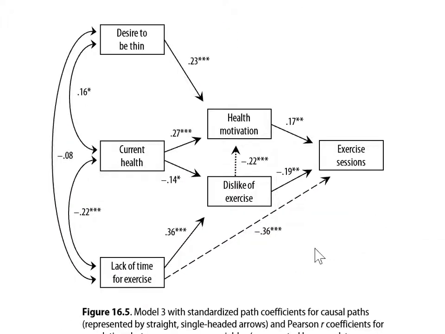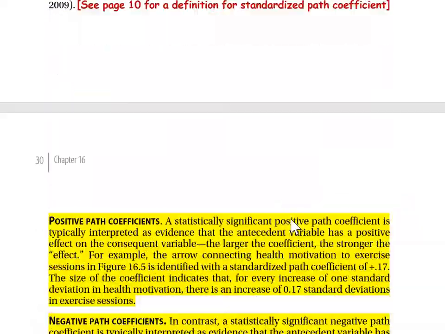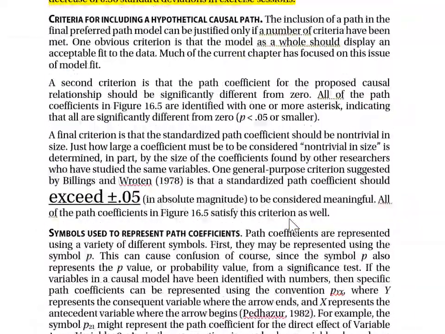The interpretation is essentially the same, but it's in the opposite direction. Standardized path coefficient negative 0.36. That means for every standard deviation that lack of time for exercise goes up, number of exercise sessions goes down by 0.36 standard deviations. That is what a negative path coefficient means.